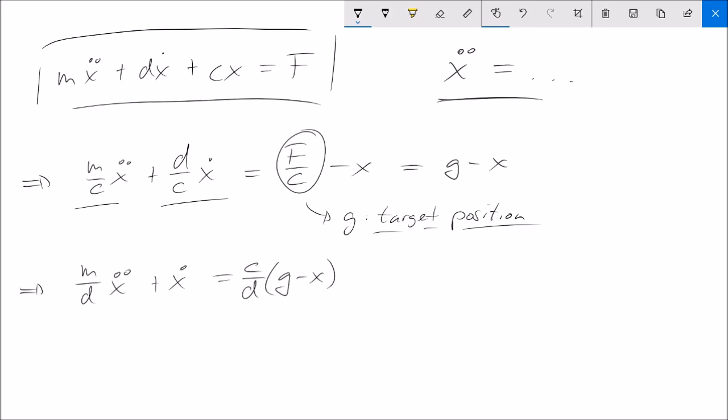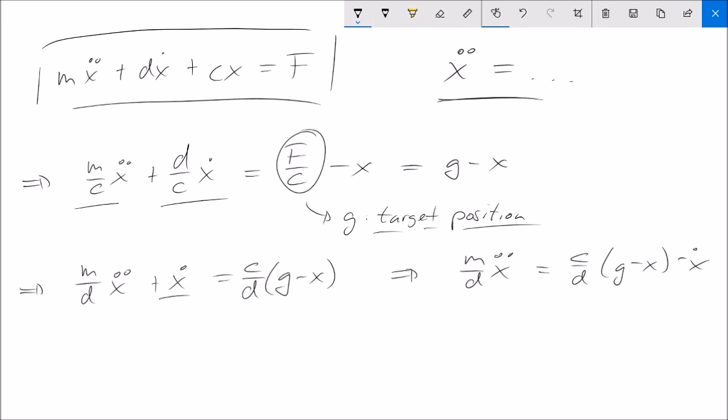Now we can bring this term on the other side, which leads to m divided by d x dot dot is equal to c divided by d multiplied by g minus x dot. Oh, this bracket is too much.